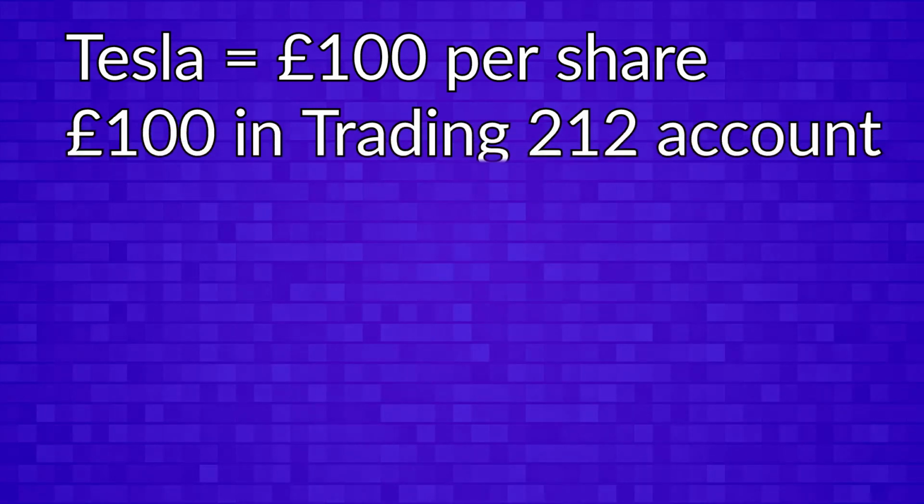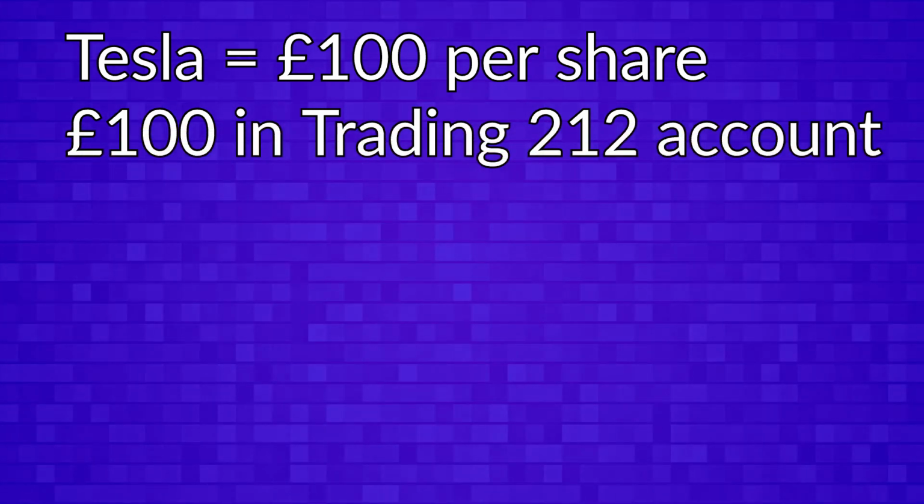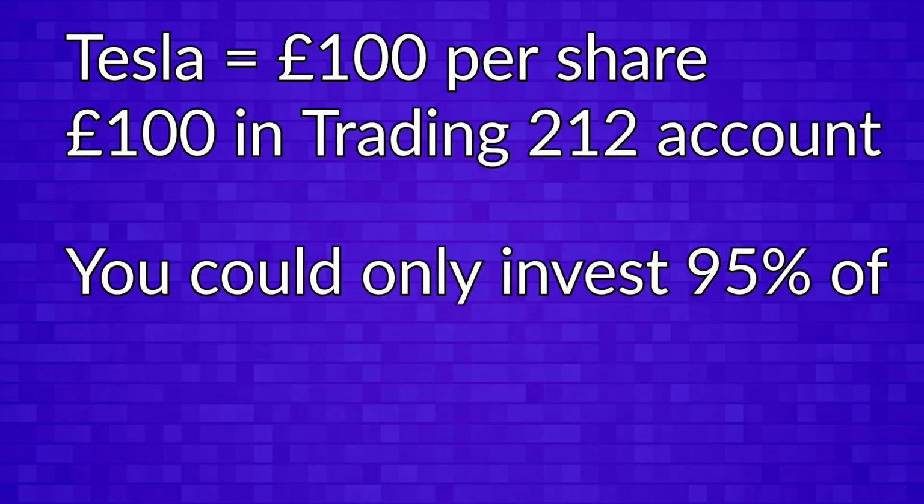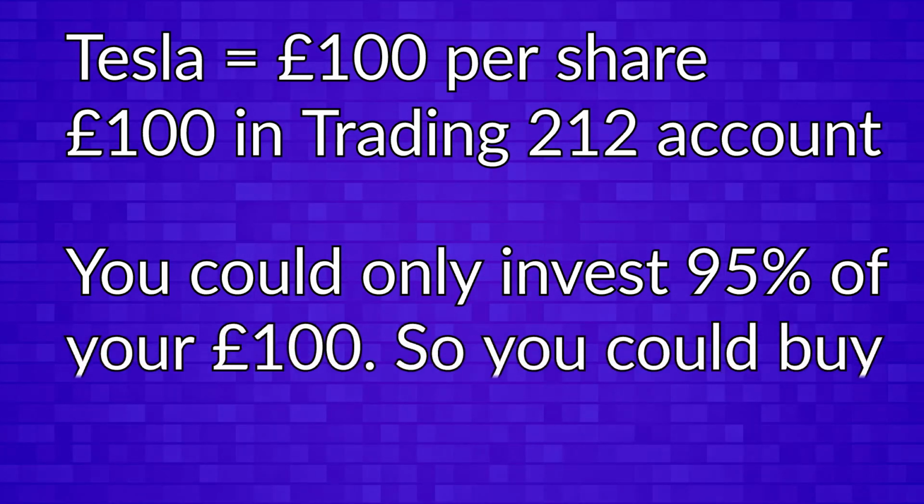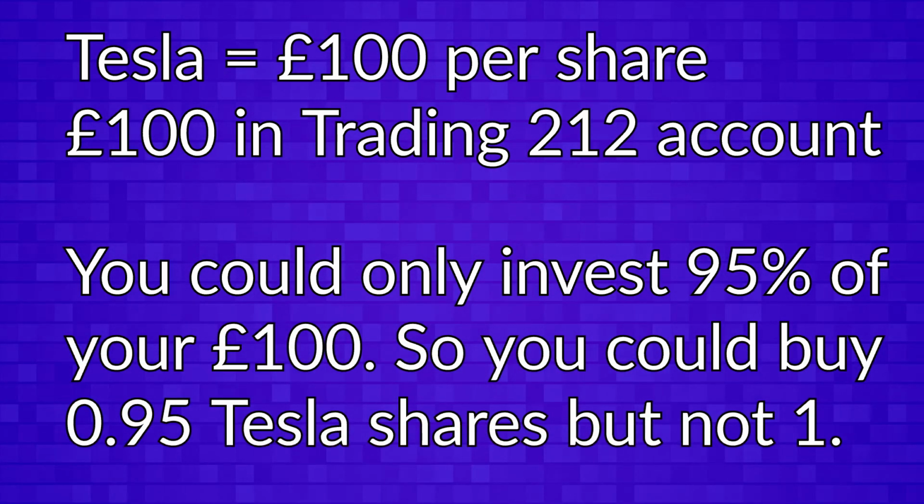You want to spend £100 on your Tesla share. You wouldn't be able to do this because Trading 212 would only let you have 95%. So you could invest up to £95. You could buy 95% of a Tesla share, but you couldn't buy one. And that for me is a bit frustrating, but there must be a reason why they do that, probably to do with the funding on their side and some fees maybe.